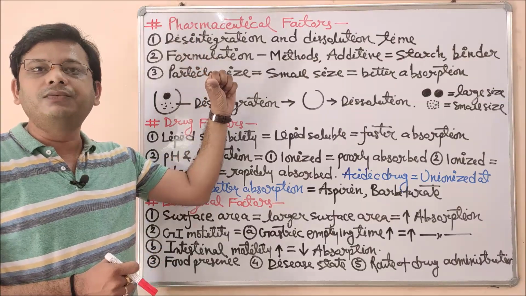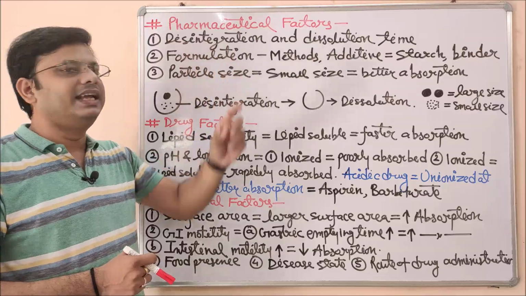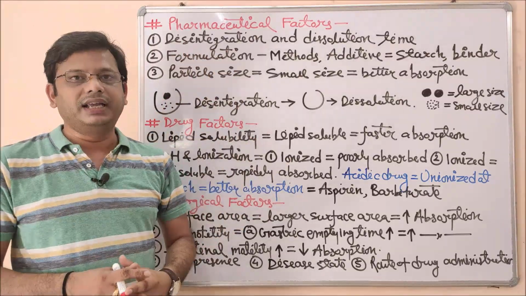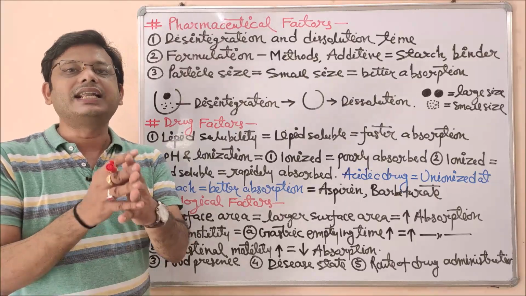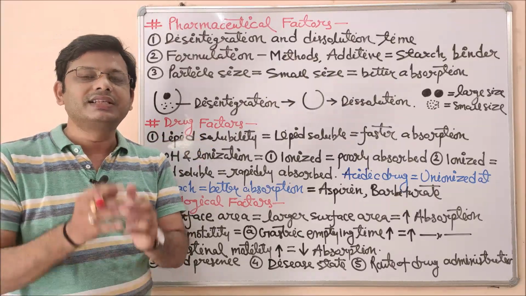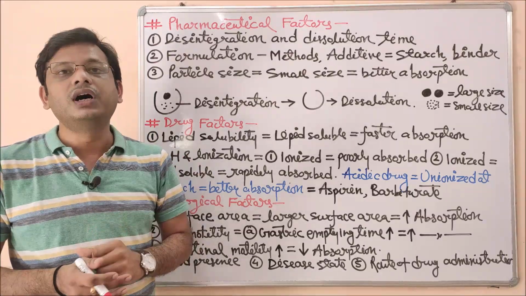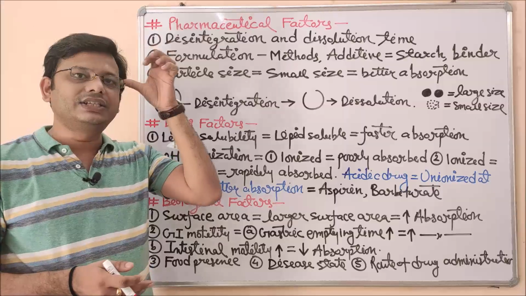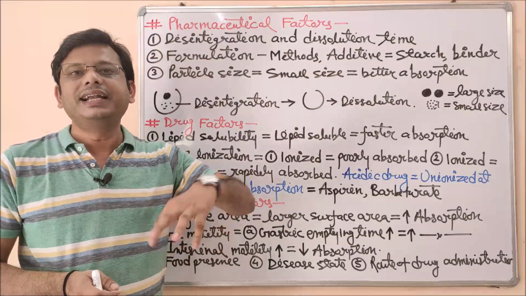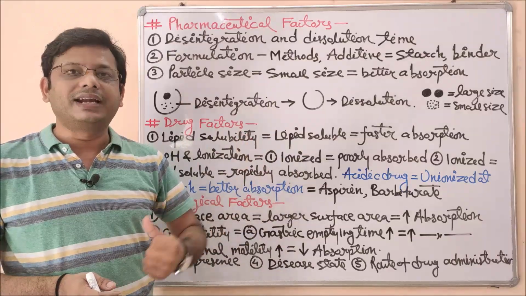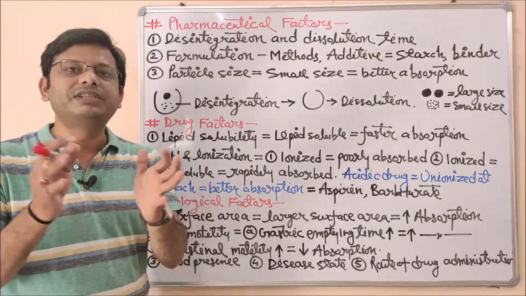The meaning of integration is to combine, but disintegration is the opposite of that process. That means separation or breakdown of a molecule of higher size into a smaller size. That's called disintegration. And dissolution means complete disappearance of the particles which had been separated from the main parent part. That is called dissolution. That means disappearance.